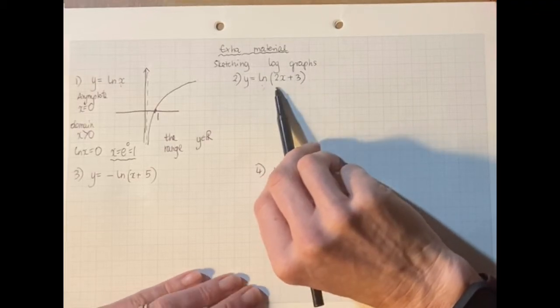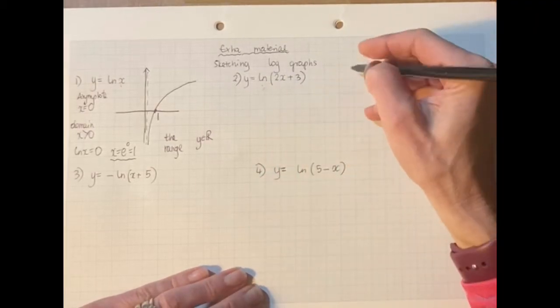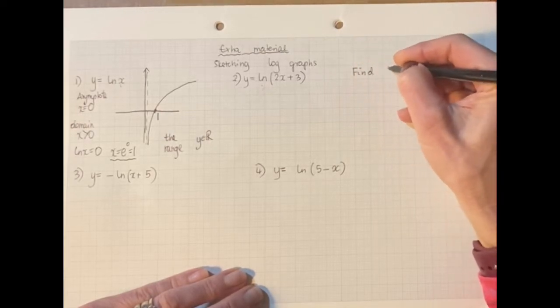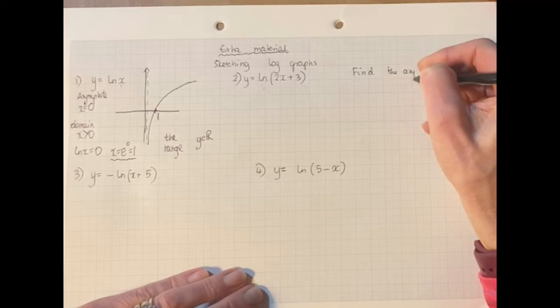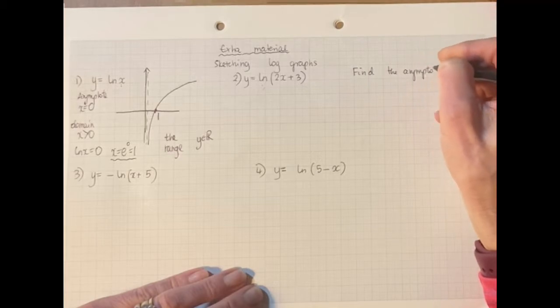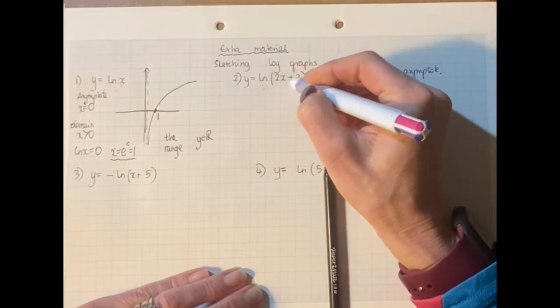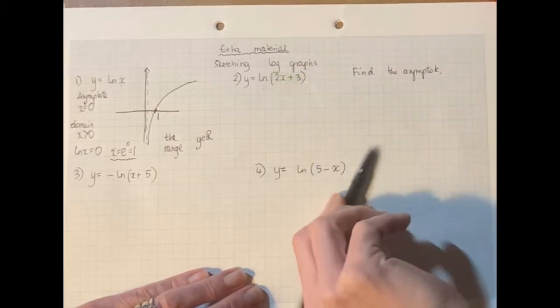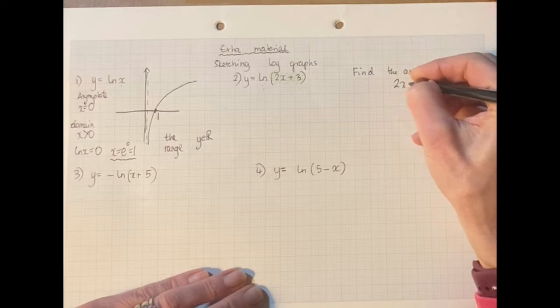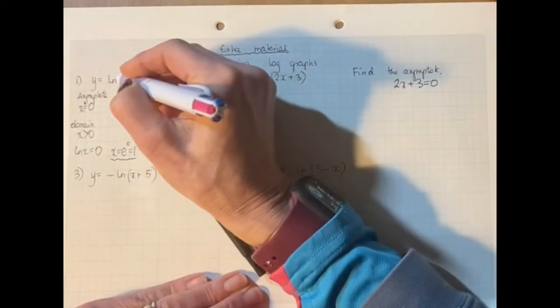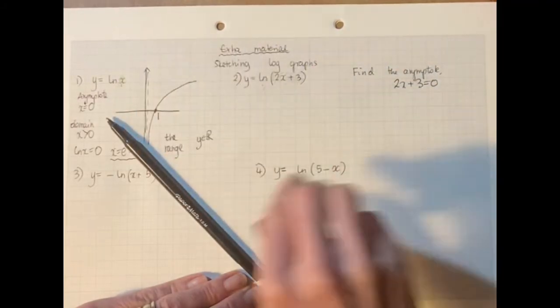All you need to do is do the following. First of all, find the asymptote. You do it by making whatever the ln is of, so this bracket, equal to 0. So it's 2x plus 3 is equal to 0. The same way this asymptote happened when you made that x equal to 0.